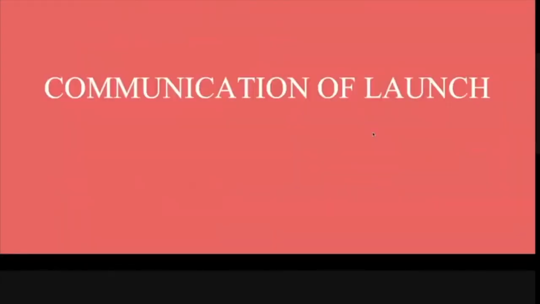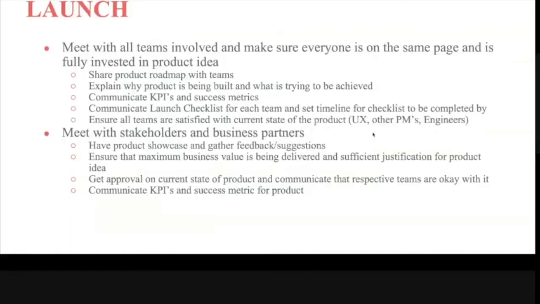And going into communication of launch, internal communication is meeting with all teams involved and making sure everyone is on the same page and is fully invested in your product idea. So you're sharing the product roadmap with different teams, explaining why the product is being built and what it's trying to achieve.